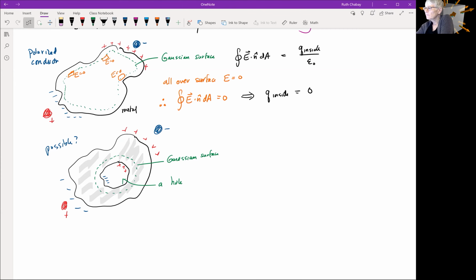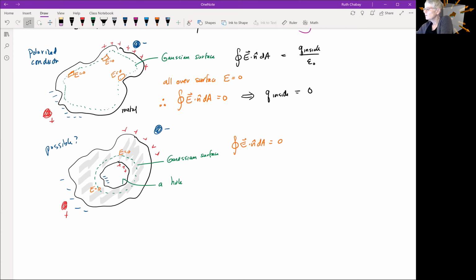And since this surface is going through the metal, we know that the electric field is 0 everywhere on the surface. So we have, as we did before, the electric flux all over the surface is 0.